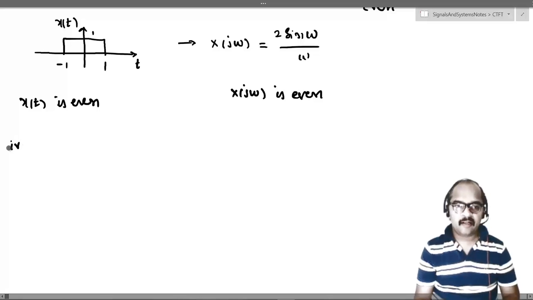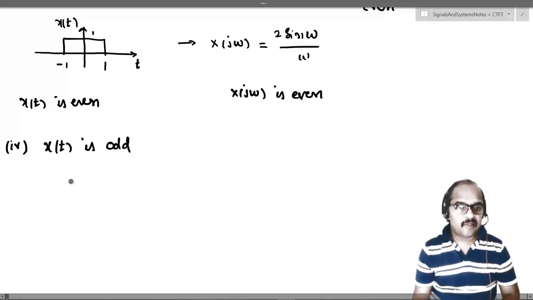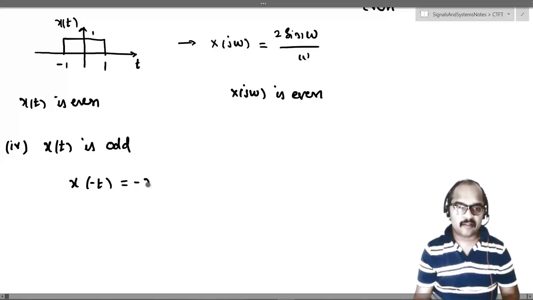Next, we'll take the fourth property, which is x of t is odd. When do you say the signal is odd? If it satisfies this property: x of minus t should be equal to minus x of t.